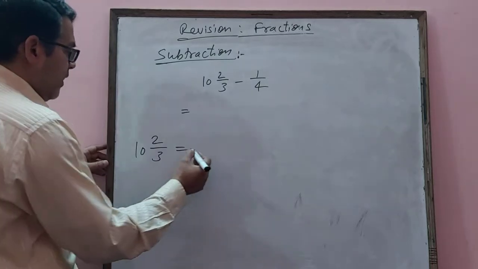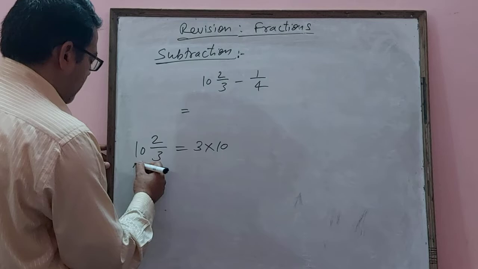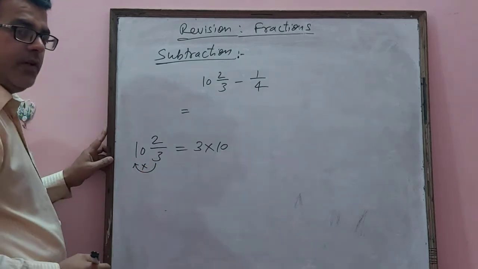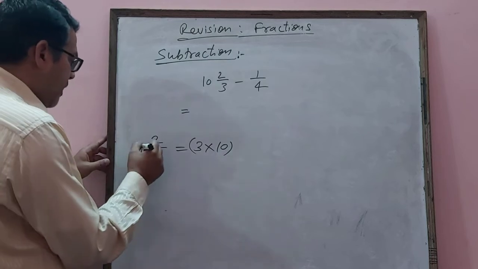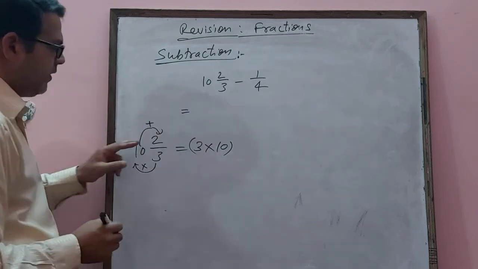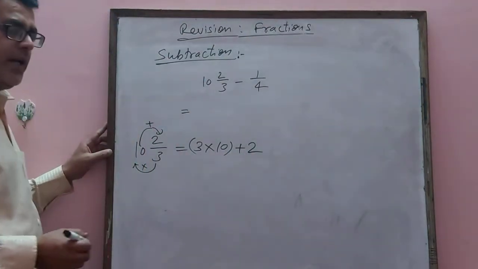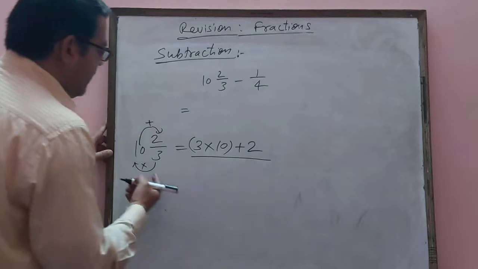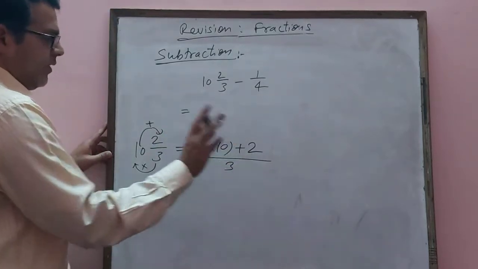Method is we can multiply this 3 with 10. First you need to multiply 3 with 10, then whatever the result will come, we can add with this 2. So after that we add 2 in that. And denominator we know that it is 3 only, since 3 is denominator.